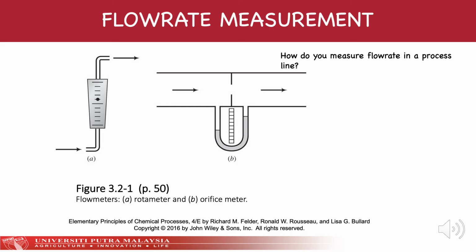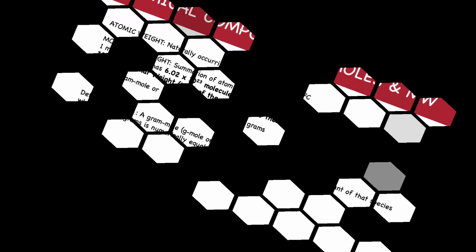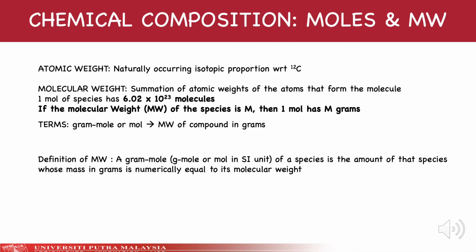There are other types of flow rate measurement or pressure measurement that we will look into in a later chapter. Okay, let's move now to another most important property or process variable, which is chemical composition, which involves mole, mass, and molecular weight. So we know that all substances are denoted by their atomic weight, and you can get the value of the atomic weight from the periodic table, where the number is proportional to carbon 12.